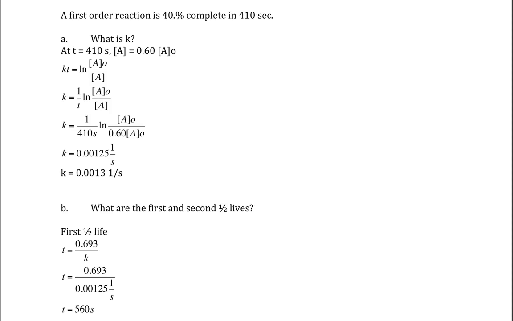Notice we never did learn the original concentration, but it cancels out, so it did not matter. So we have 1 over 410 times the ln of 1 over 0.6, which comes out to be K equals 0.00125 1/seconds. Rounded to 2 sig figs, we have K equals 0.0013 1/second. So that would be the value of the rate constant.